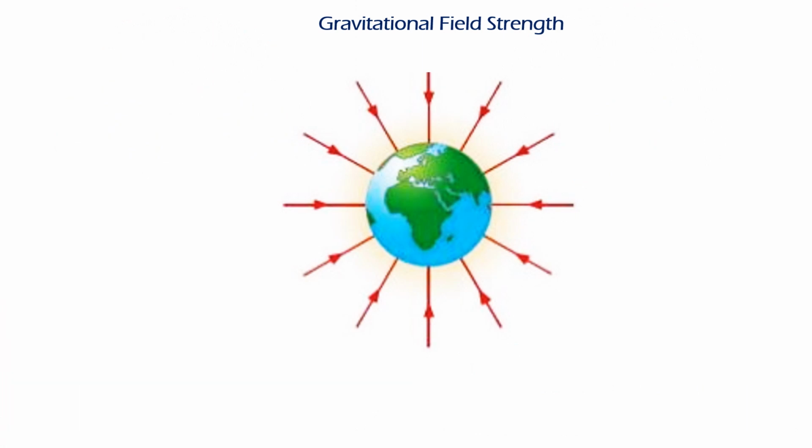Gravitational field strength is defined as the amount of force acting per each kilogram of mass within the field of gravity. Any object placed within the atmosphere of the Earth feels a force of 10 newtons per each kilogram. If it was on the Moon, that will be much less, and on Jupiter, it's much greater.